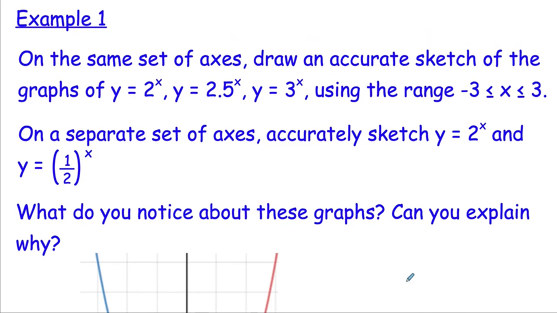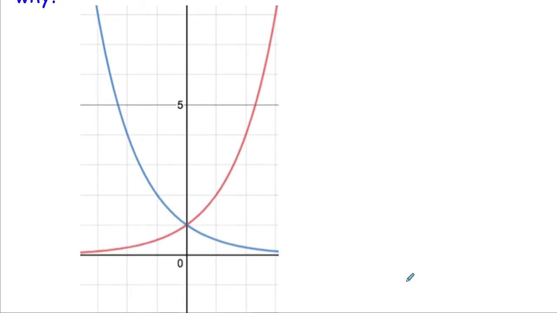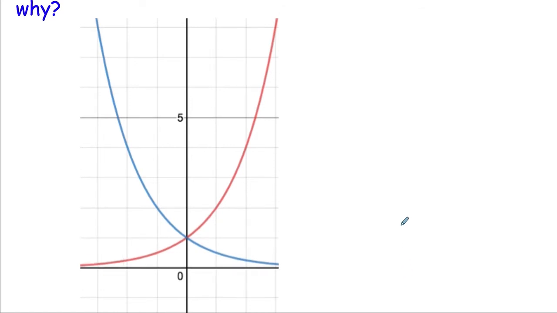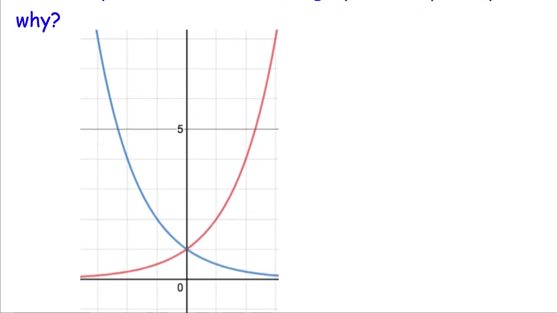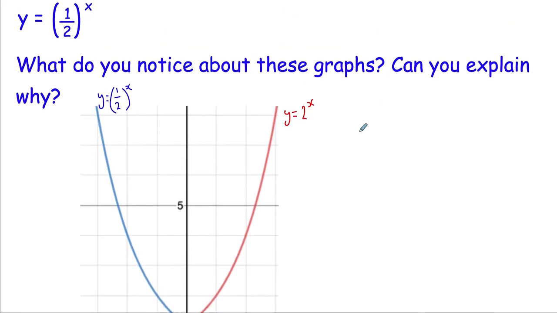Here's their graphs. Why do their graphs look like that? Which one's which? Well, the one that's increasing, the one that's showing exponential growth, is your 2 to the power of x. The blue one is your half to the power of x. The question was, what do you notice about them?